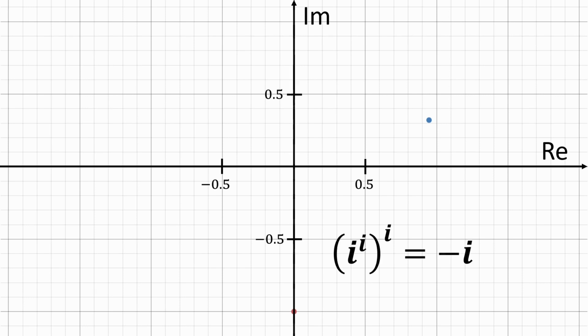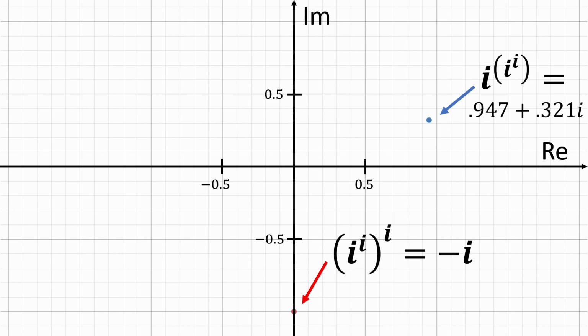The first expression we evaluated to be negative i, shown by the red dot. It has real component 0 and imaginary component negative 1. The second expression we evaluated to be approximately 0.947 plus 0.321i, which is shown by the blue dot. So how do we know which is bigger?